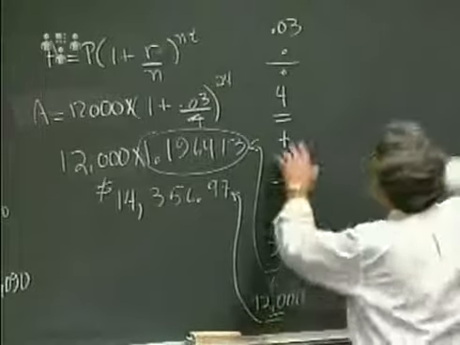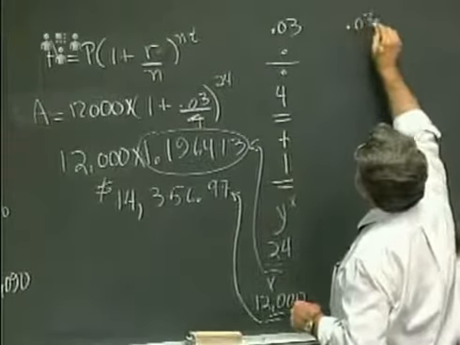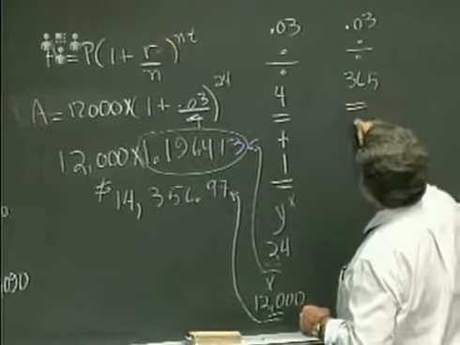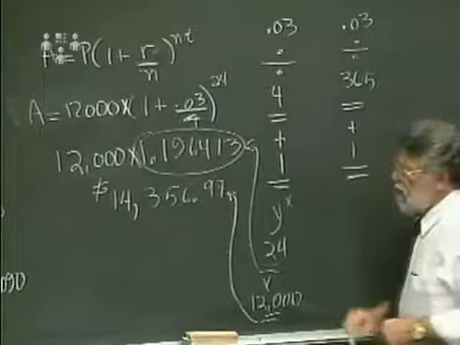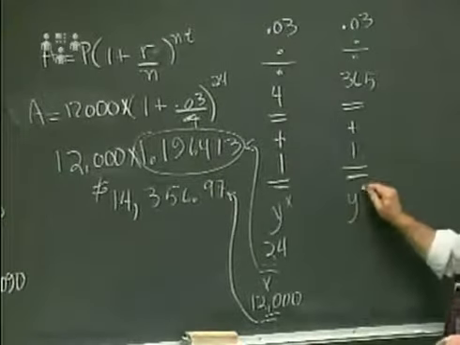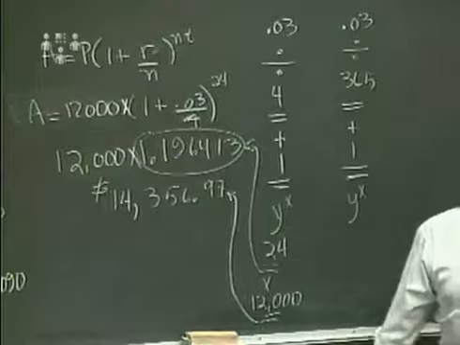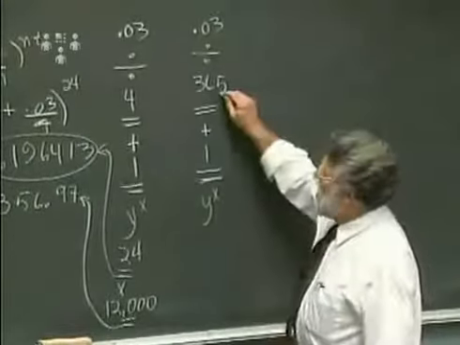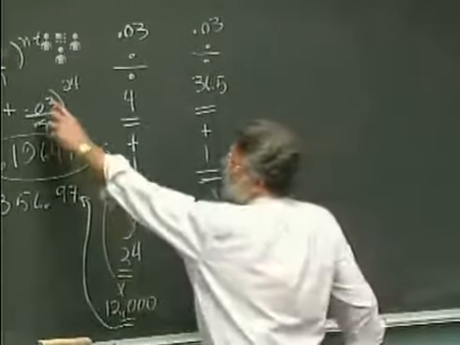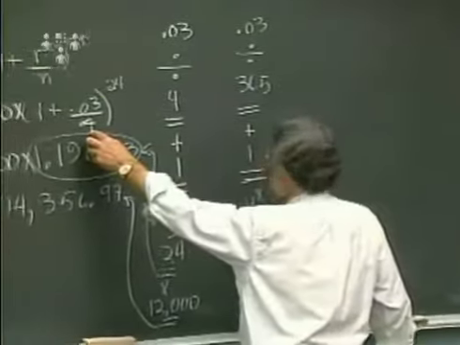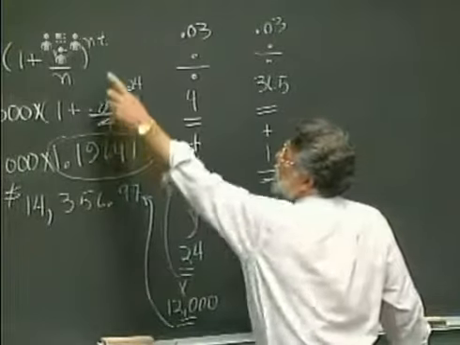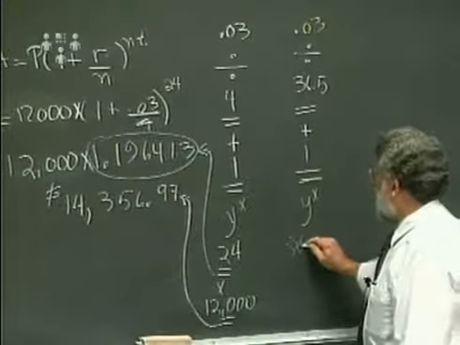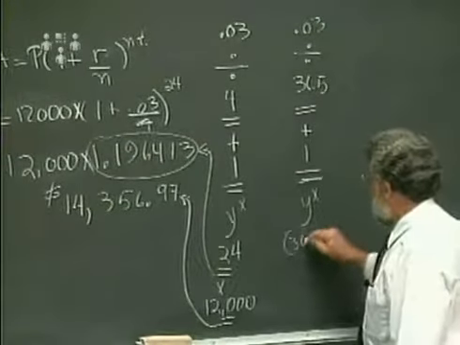So if I look at this same setup here, if I were doing this daily, what I want you to appreciate, you do exactly the same structure. But when you get down here to the y to the x, and we were doing this for what? 6 years. Okay, so this number is 0.03 over 365, and I'm supposed to do what? 365 times 6. So I have to find out what 365 times 6 is.